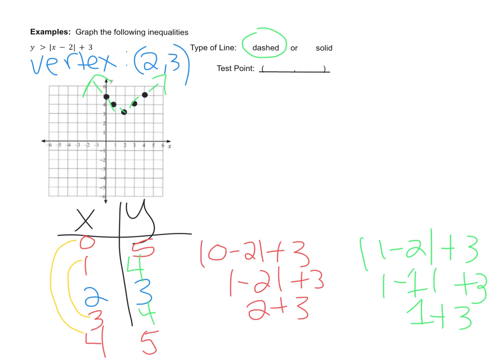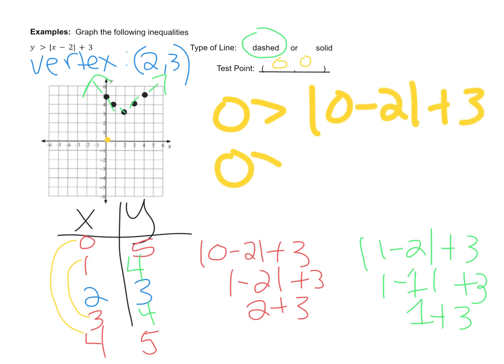If I decide to use a test point for determining where to shade, the easiest point is always to use (0, 0), which at this point, if we look, is outside of my V-shaped graph. If I plug in (0, 0), we'd have 0 is greater than the absolute value of 0 minus 2, plus 3.